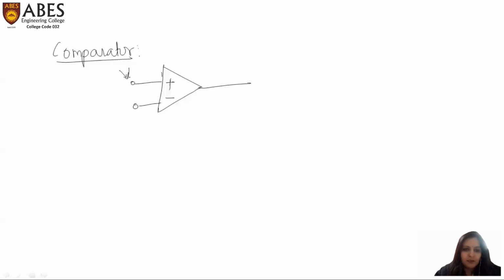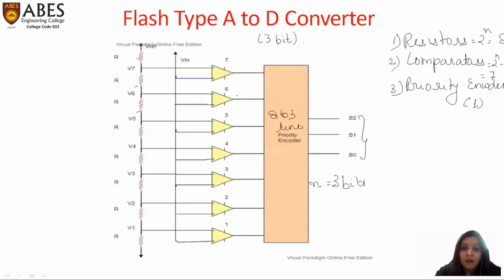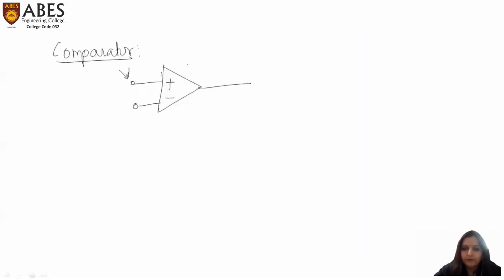As mentioned in this diagram, the positive terminal is always the input, and we have applied V input here. So at the positive terminal we will be applying V input, and at the negative terminal we will be applying V reference.